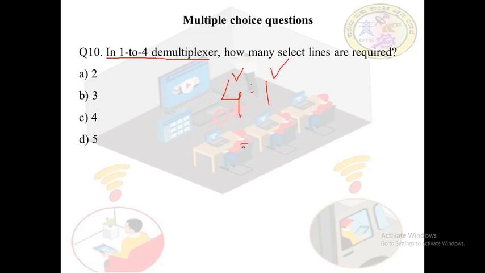When the number of inputs is 4, we equate this to 2 power m. What is the value of m? That is 2 power 2 equal to 4. Therefore, the m value is nothing but the number of select lines. Therefore, option A is the right answer for the 10th question.